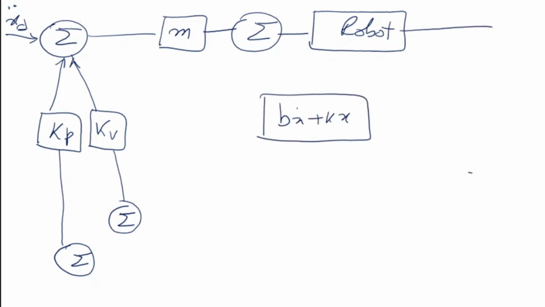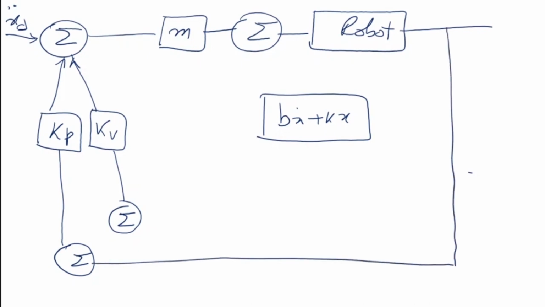Okay, so this is my output coming, and there is one which is going here, and there is another one. This is my control system now. The other fellow is coming here.